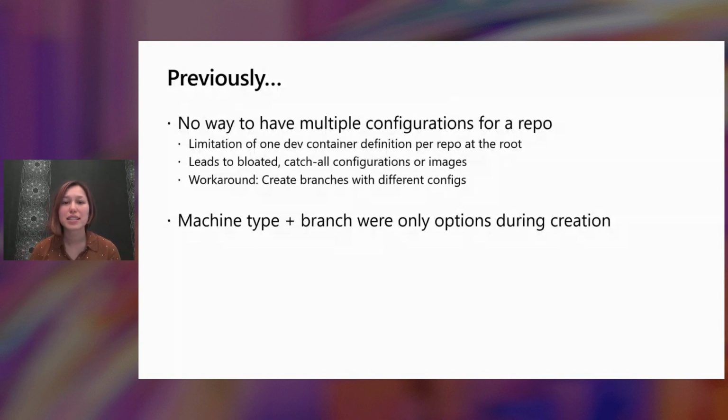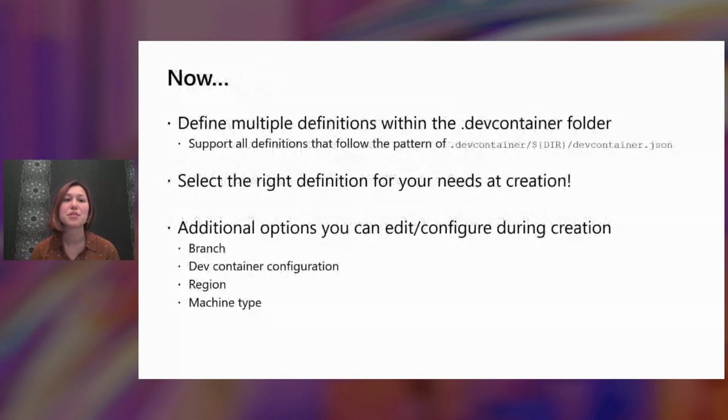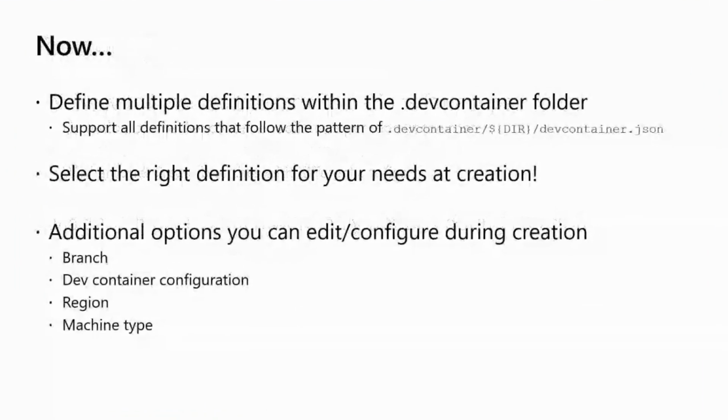So what we're doing now is allowing you to do a number of things. So number one, we are allowing you to define multiple definitions within the .devcontainer folder. We support all definitions that follow the pattern of .devcontainer/a directory name/devcontainer.json.